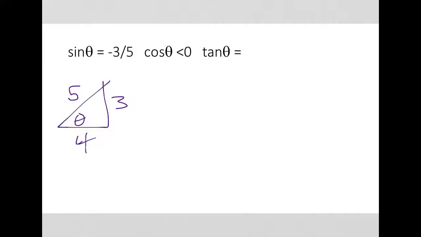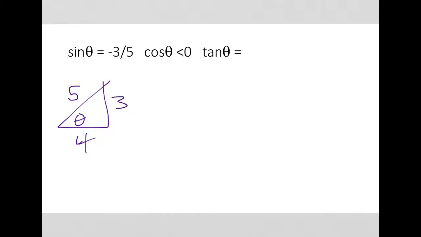You either need to know it or you need to use Pythag quickly. 5 squared is 25, minus 3 squared is 9, which gives us 16, and that gives us 4.